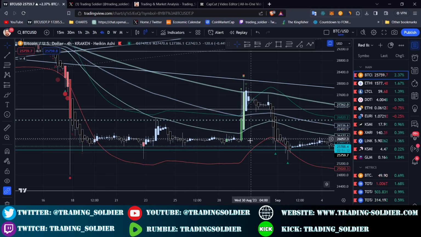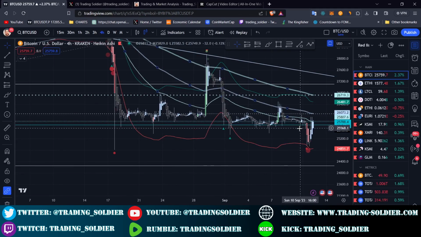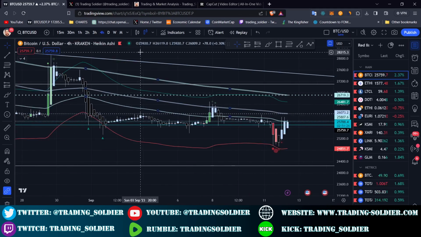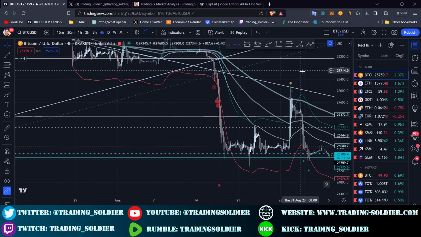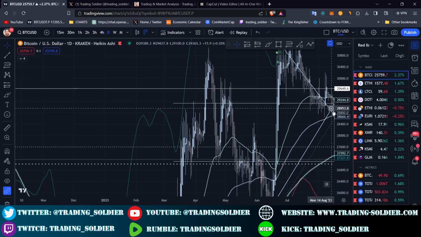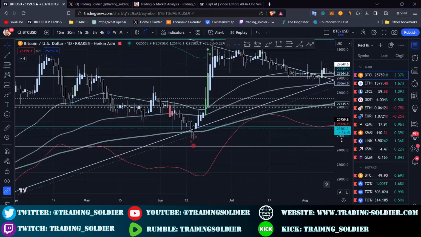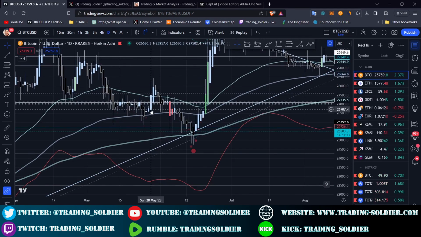So when it prints here, it's a range, so it's not that clear. It's a bad example to explain this, but if we switch the chart to the daily, you see here that we are blue.